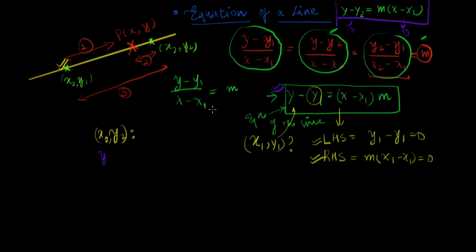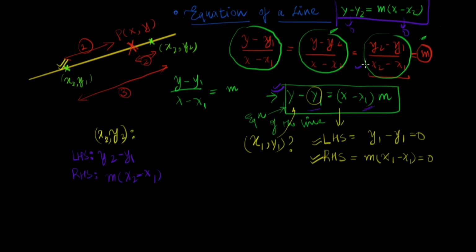But let us check if x2, y2 satisfies this equation, which took into account the coordinates of the first point, not the second point, for which we're testing. So we would have the LHS to be y2 minus y1, and the RHS to be m times x2 minus x1. At this point, it doesn't seem to satisfy because these two terms are not the same.